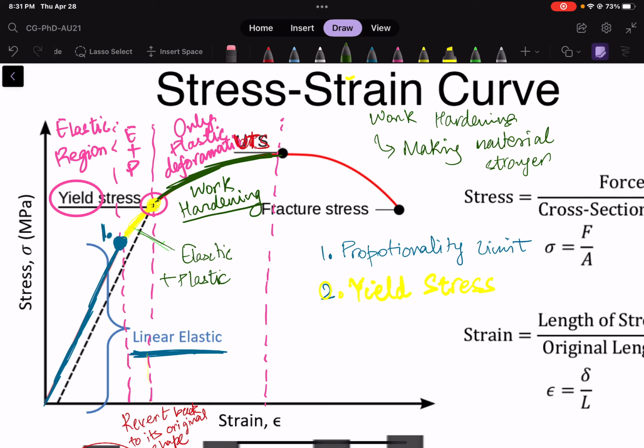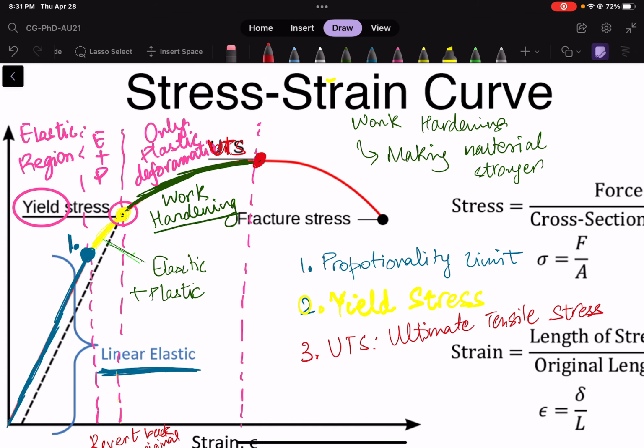But the important thing to note here is this point number 3. I'll circle it with a red dot, which is the UTS, or ultimate tensile strength, or ultimate tensile stress, which is again this highest point.